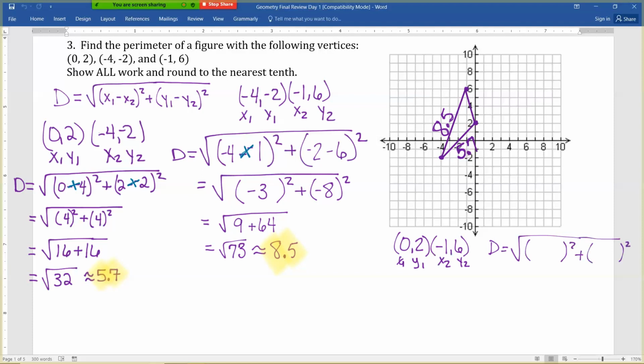So in my distance formula, I need x1 minus x2, so 0 minus x2 is -1. Again, double negative changes to a positive. For the second part, I need y1 minus y2. y1 is 2 minus y2, which is 6.